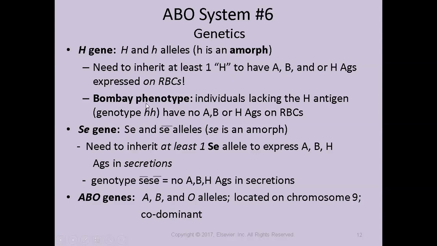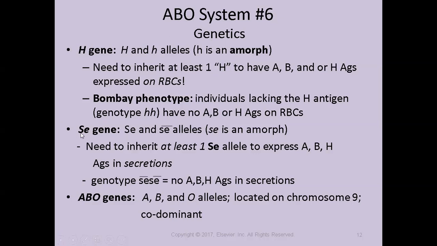Okay, so little h, they have no big H to confer the antigen, and therefore they are not able to have A or B antigens either. Okay, so what you want to take away from this is you absolutely need to have inherited at least one big H in order to express A and B antigens. Without that big H, even if you inherited A and or B alleles, those antigens won't be expressed on the red cells.